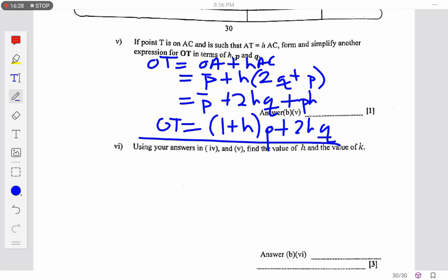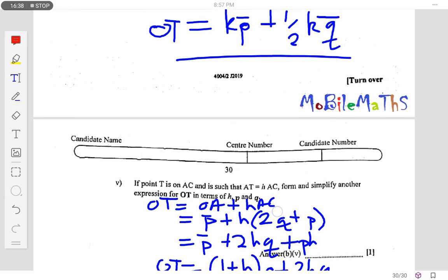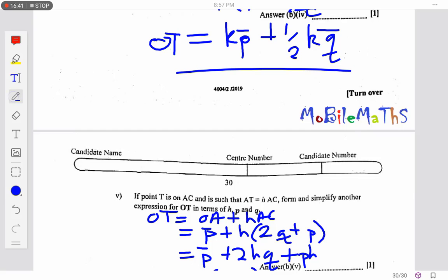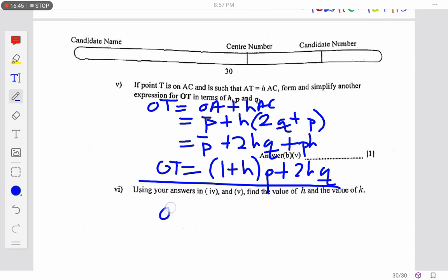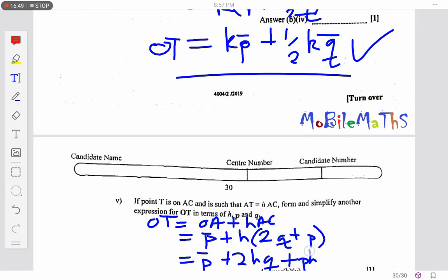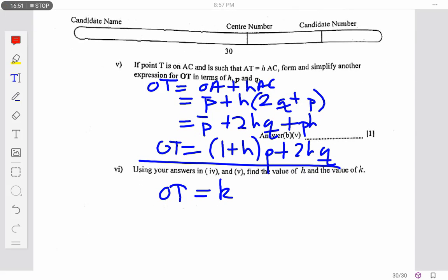Okay, now we are moving to a question where we have to find the value of K and the value of H. For me to do that, I'm going to rewrite the equation of OT that we calculated earlier on down here. So OT is equal to KP plus half KQ.